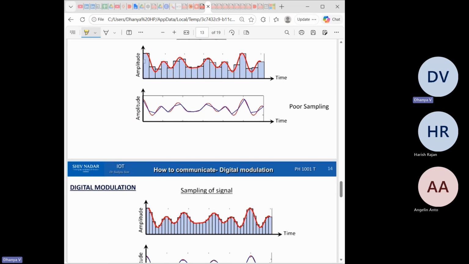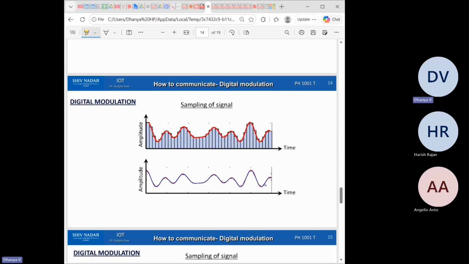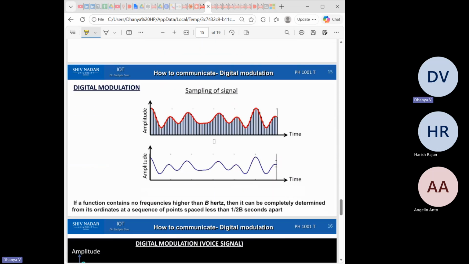This is a pretty large sampling, so you don't get an accurate result. But if you divide it into much smaller sections, you get a much more accurate sampling. The smaller it is, the more accurate your sampling process.